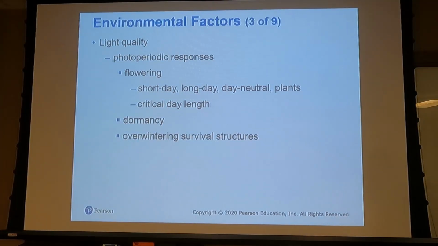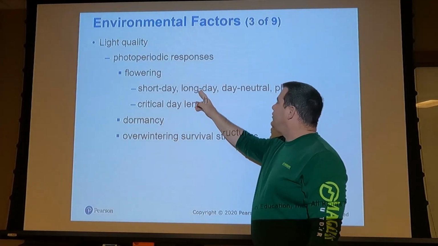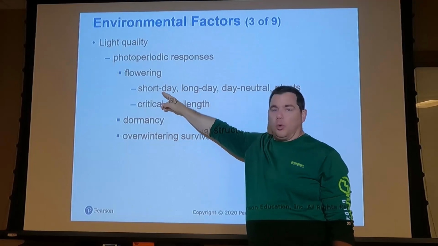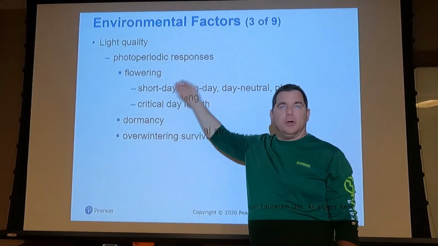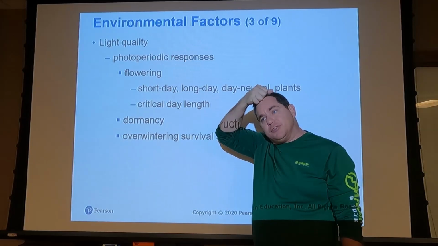It's also going to influence dormancy. And so once you go from a long day, since we're in the summertime, once the day changes from long day to short day, so after June 21st, is it?